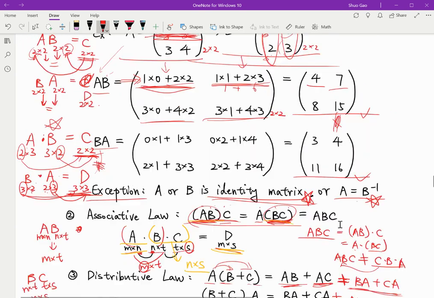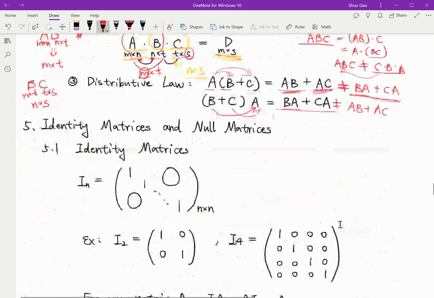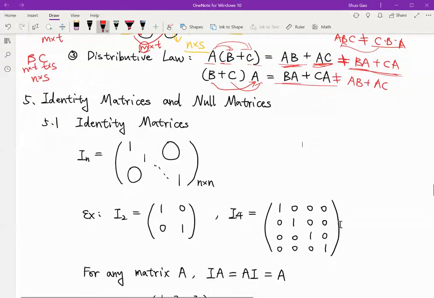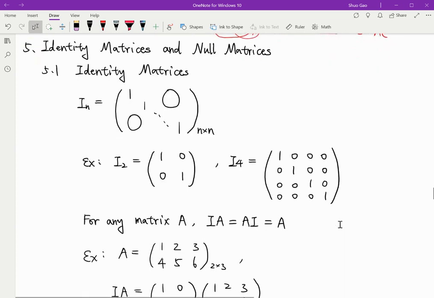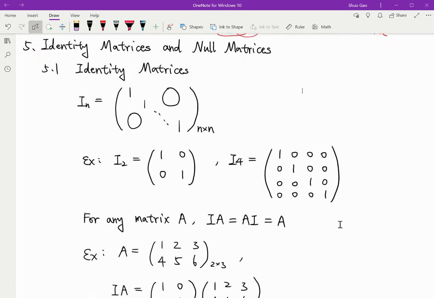Okay, and next we'll talk about the identity matrices and zero matrices. So first is the identity matrices. I_n is called an identity matrix of dimension n by n.